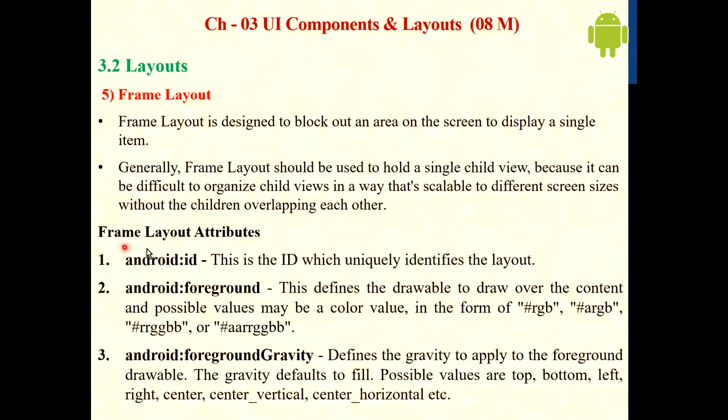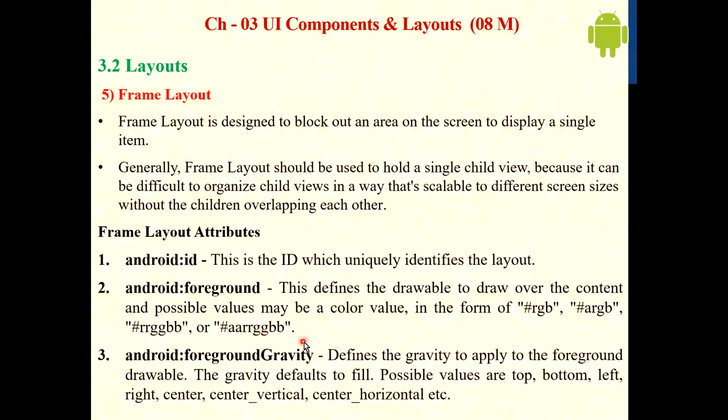Here the frame layout attributes are: first one, android:id. This is the ID which uniquely identifies the layout. Second one, android:foreground. This defines the drawable to draw over the content, and the possible value may be a color value. I give some examples: #RGB, #ARGB, #RRGGBB.